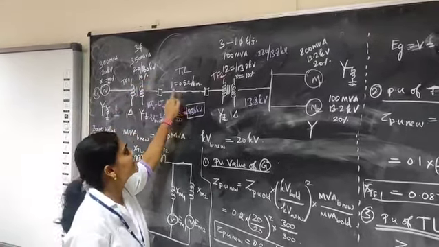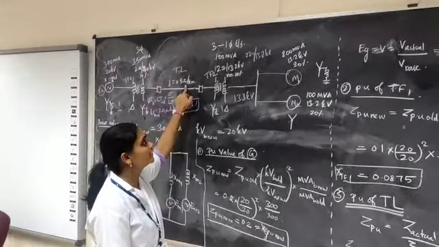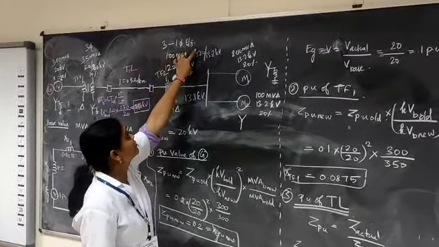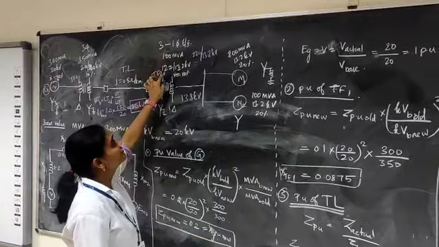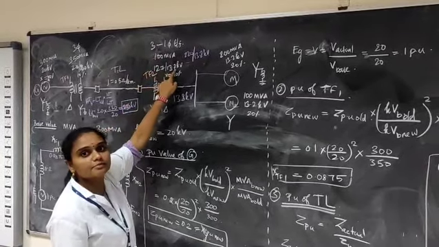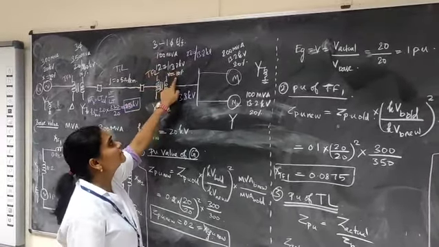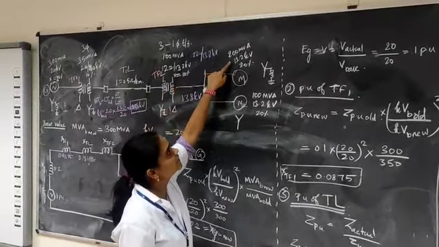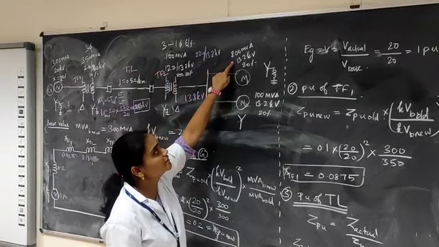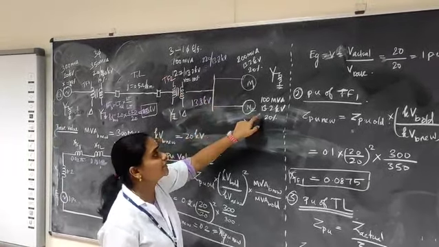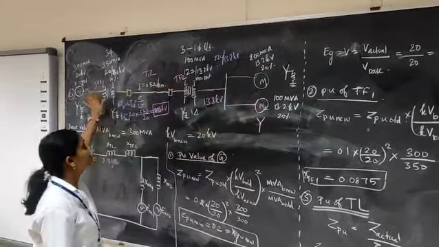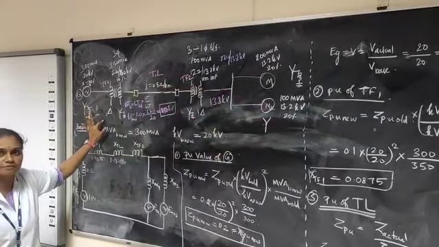Similarly, the transmission line is 0.5 ohm per kilometer. T2 is 3 single phase transformers of 100 MVA with voltage rating 127/13.2 kV and reactance 10%. Similarly, we have the rating of M1 as 200, 13.2 and 20 and M2 as 100, 13.2 and 20. So, this is the data given in the question.